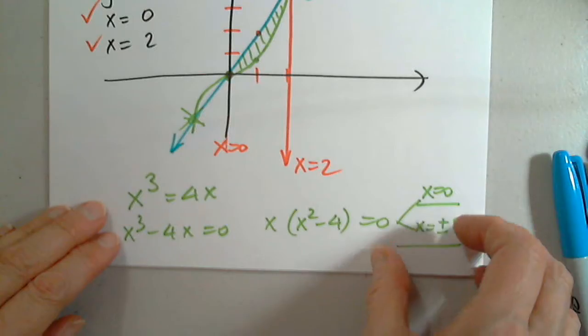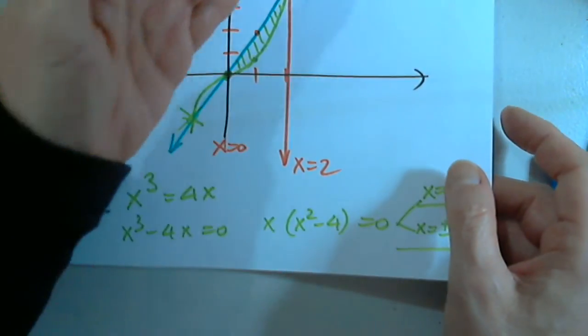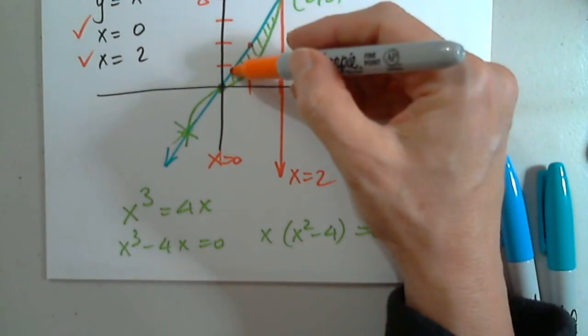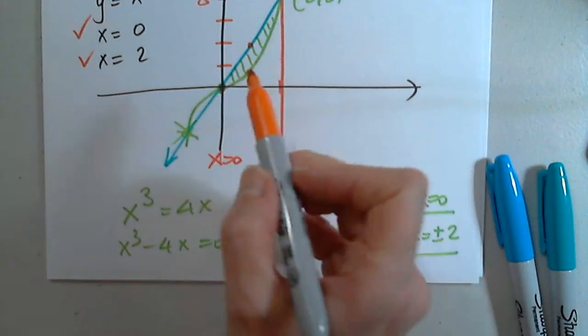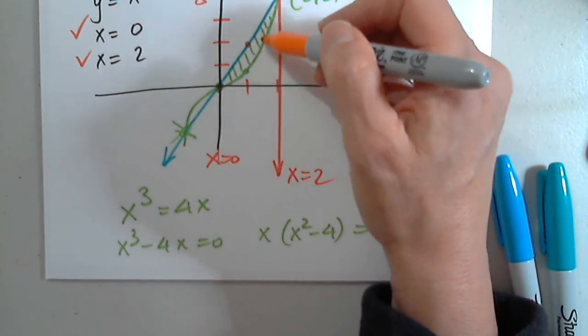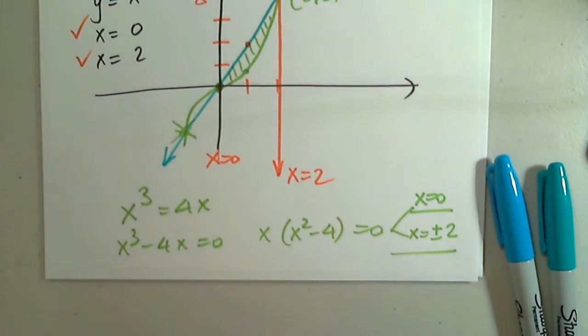So now in order to determine the area, I have to determine the integral of the upper minus the lower. How do I determine this? Remember? So it's this area minus this area. So the area under the graph of 4x minus the area under the graph of x cubed.